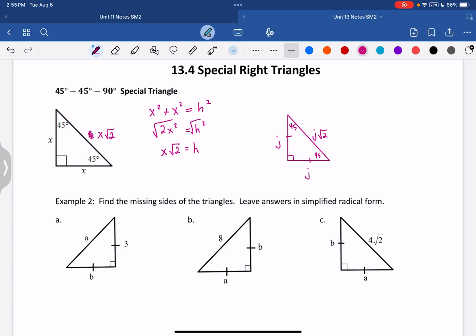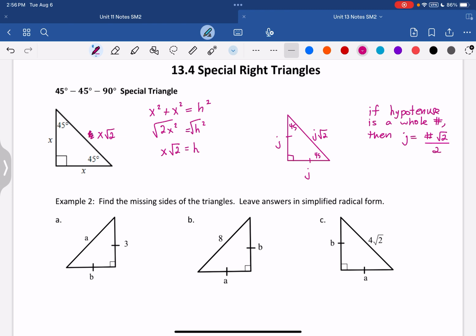Okay, now what if your hypotenuse is a whole number? Well, we could solve for j. So we're going to say if your hypotenuse is a whole number, then j is going to just equal the number times the square root of 2 divided by 2.